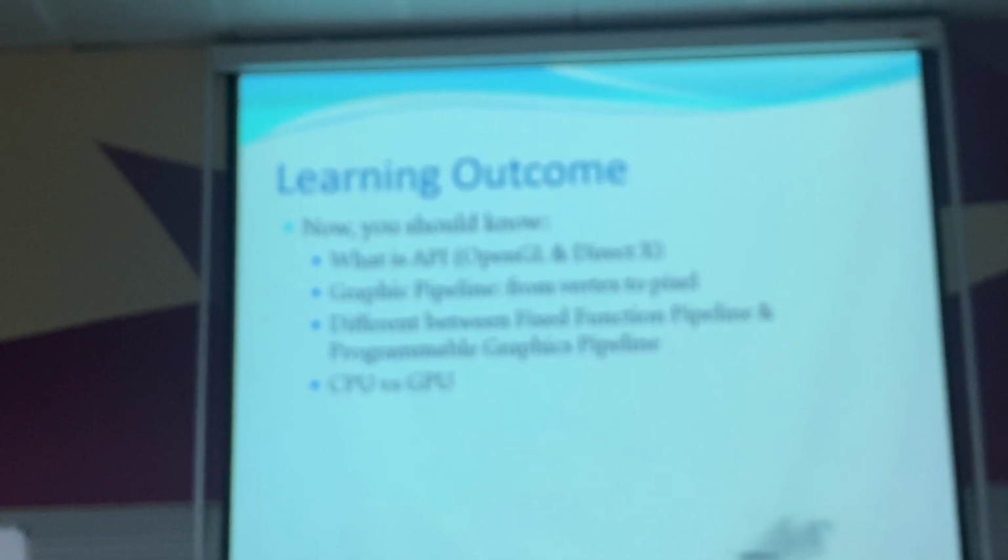Vertex processor, primitive assembler and clipper, rasterization, and also fragment processor. The 2 processors, vertex processor and fragment processor, are programmable, the ones that you can program. The fixed function pipeline is the middle 2, primitive assembler and clipper, and rasterization. And in the last slide we saw the differences between CPU and GPU. This is what we have covered in chapter 2.